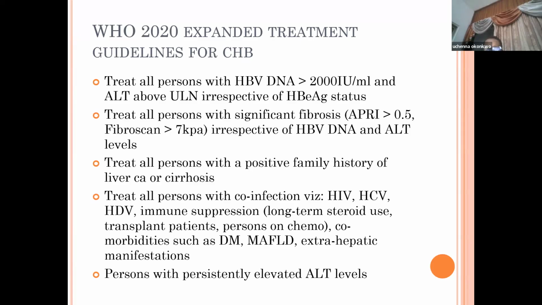Now, persons with extrahepatic manifestations should be accorded treatment irrespective of their viral status, whether it's renal involvement, skin involvement, whatever involvement. Then persons with persistently abnormal ALT levels irrespective of DNA levels should also be commenced on treatment.